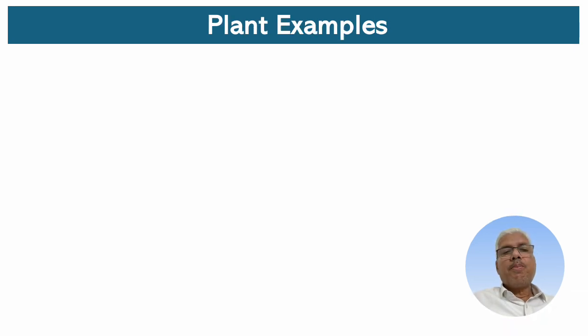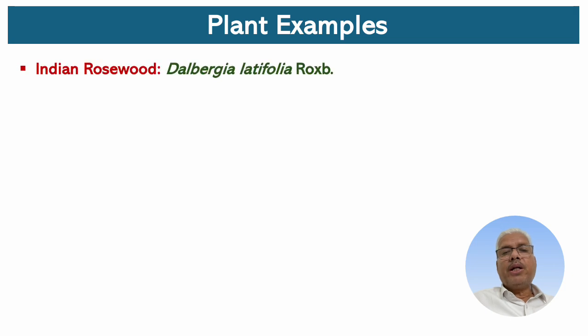Let us explore some plant examples of binomial names. Dalbergia latifolia Roxb. is the scientific name for the Indian rosewood. Dalbergia is the genus name. It honors Niels Dahlberg, a Swedish botanist. Latifolia is the specific epithet. It is the combination of two Latin words, latus meaning wide or broad and folium meaning leaf.